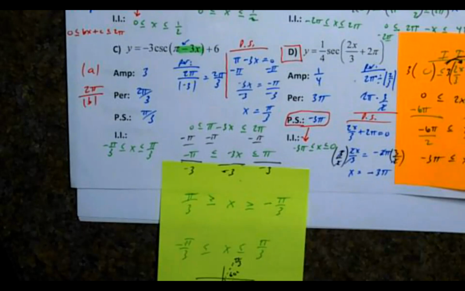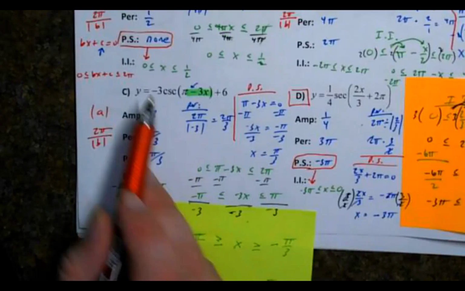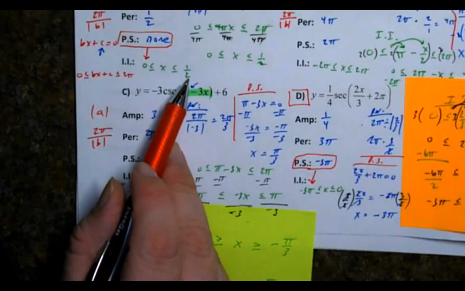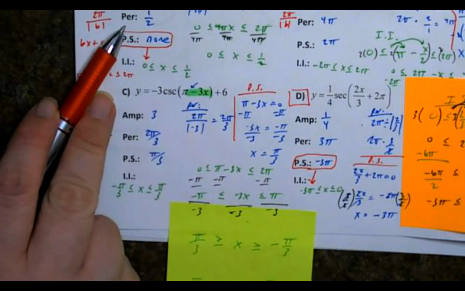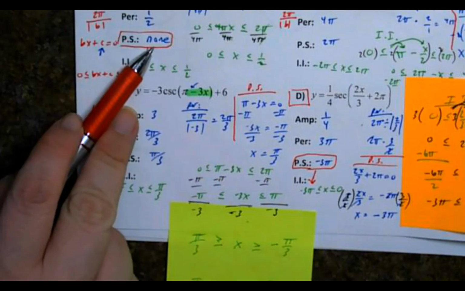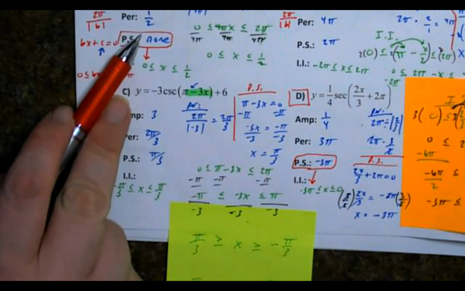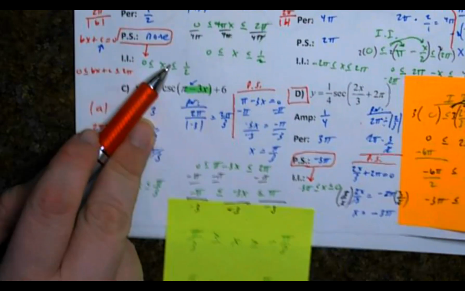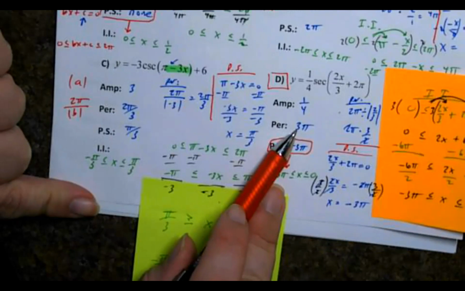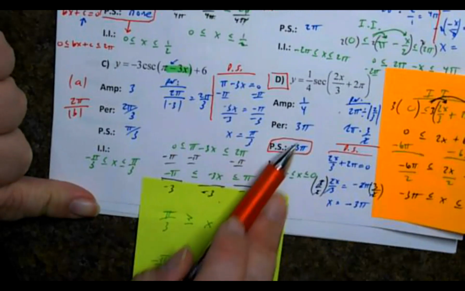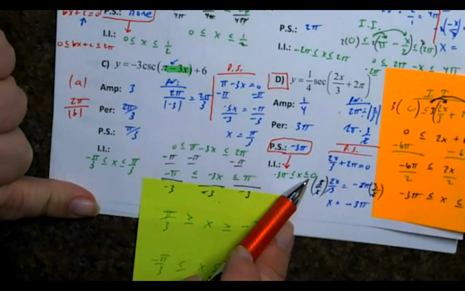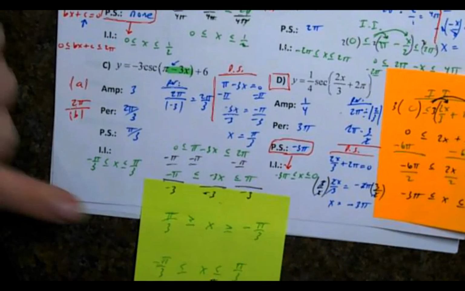Okay? Now, how do you get the second number? Well, if the period is pi over 2 and you start at 0, add 1/2 to 0, 1/2. If the period is 3 pi and you start at negative 3 pi, add 3 pi to negative 3 pi, you're at 0. That's how that works.